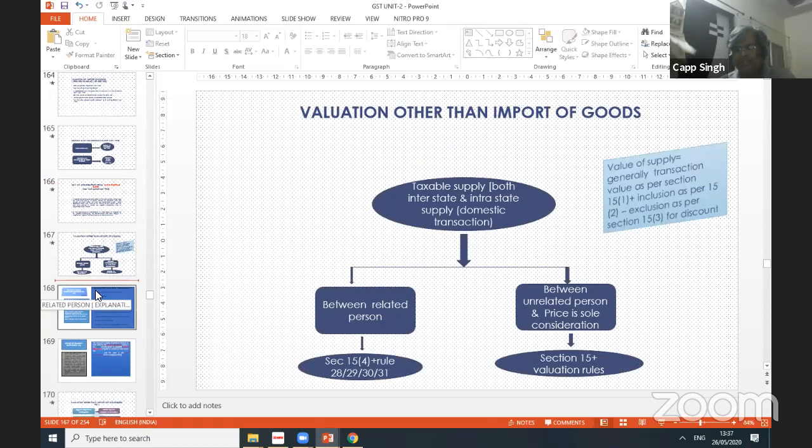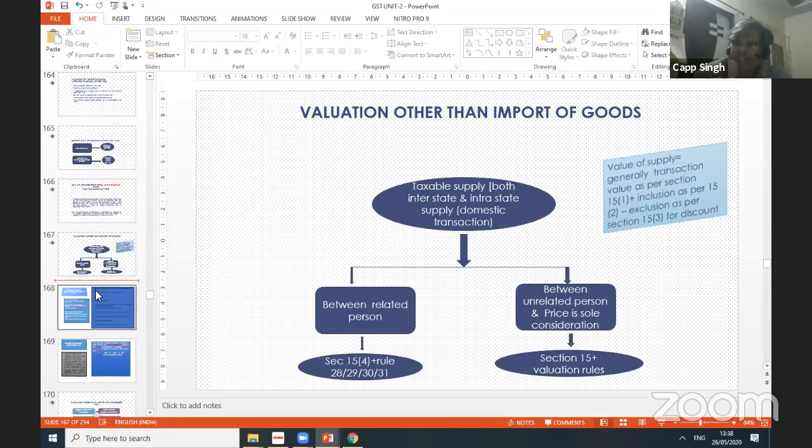So there may be situations where price is the sole consideration, and supplier and recipient are not related persons. If the price being charged is the sole consideration for supply, and supplier and recipient are not related persons, then the transaction price shall be considered as the value of supply, and on that we discharge the tax liability.